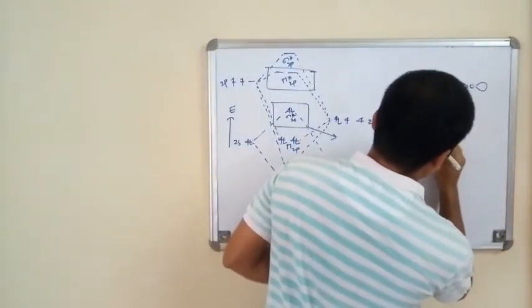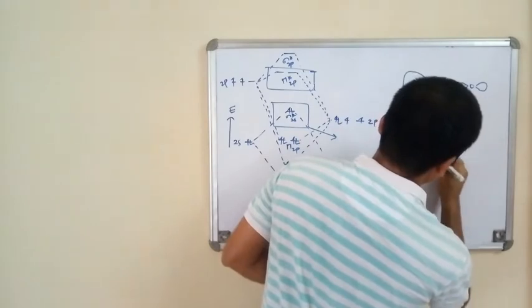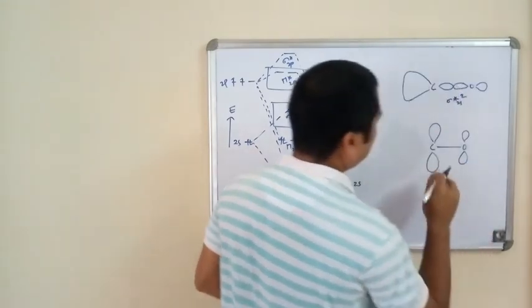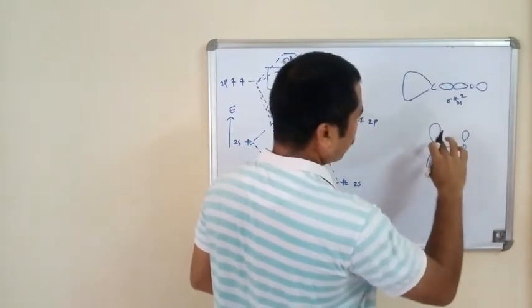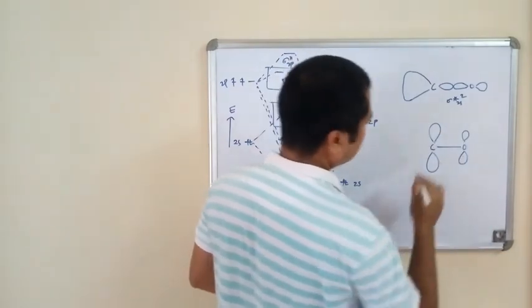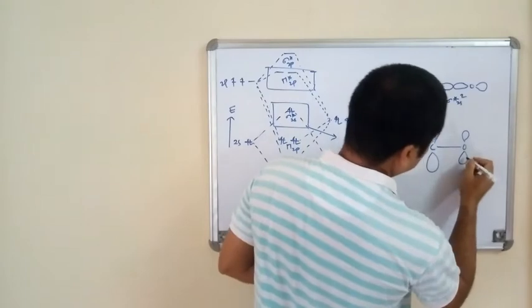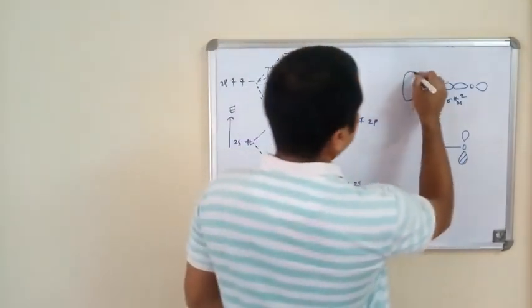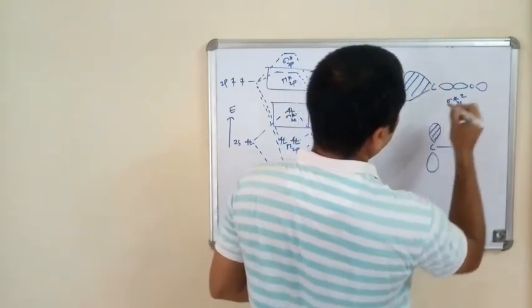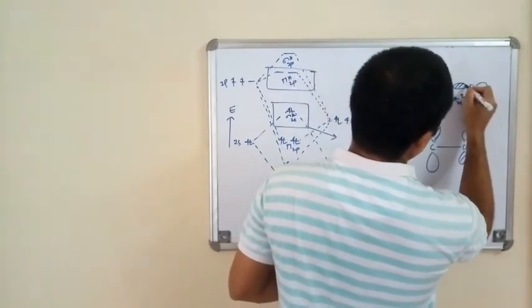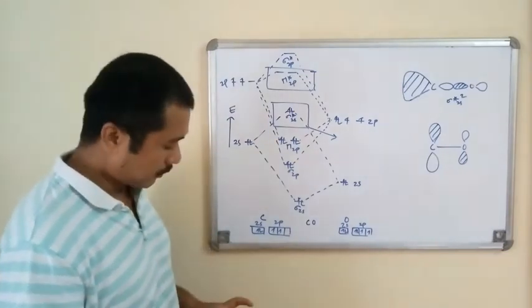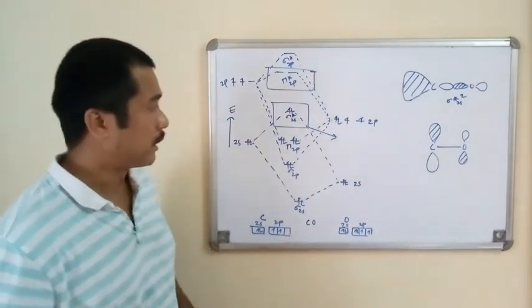So again, the lobes on the carbon atom are going to be larger as compared to the lobes on the oxygen atom, and this is antibonding. So we should draw the lobes in this way. Because this is also an antibonding molecular orbital, we can draw the lobes in this mismatch fashion. So the symmetry of the lobes mismatch.